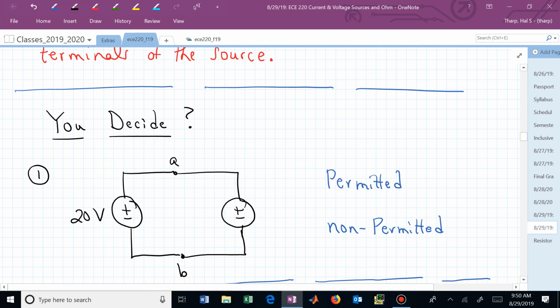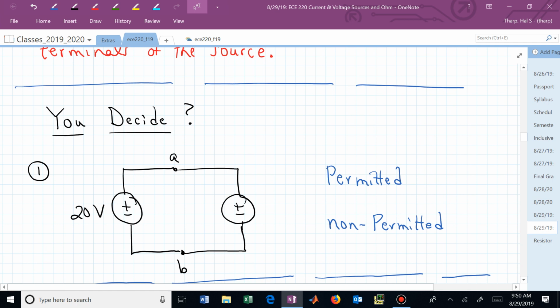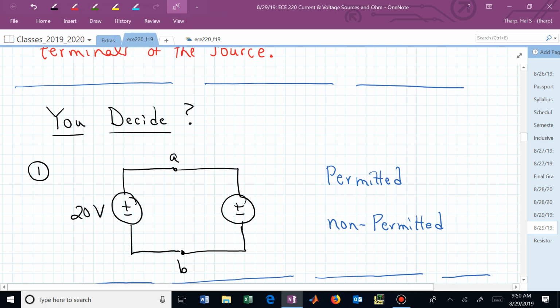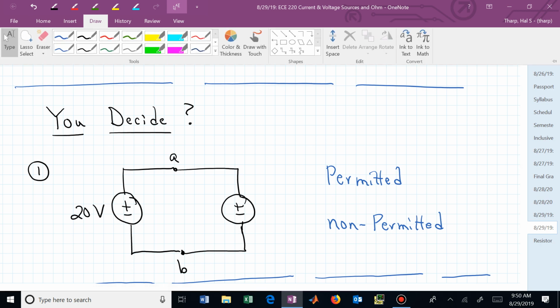All right, you decide. Is the following permitted or not permitted in terms of an interconnection?